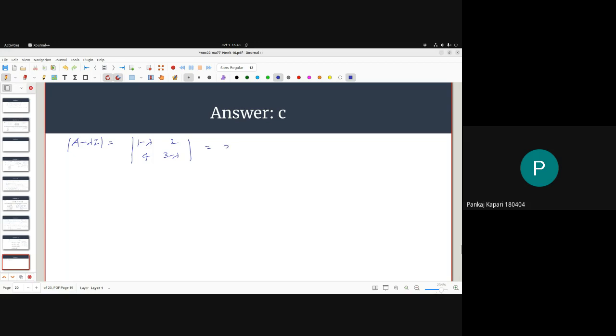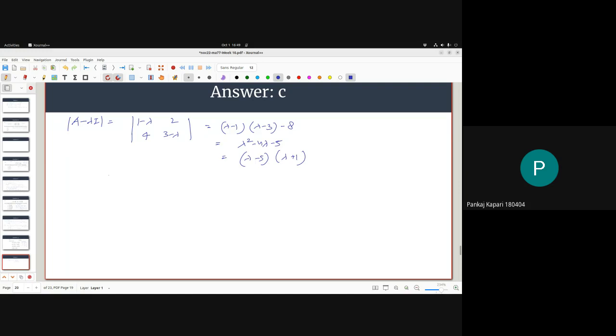This determinant is lambda minus 1 into lambda minus 3 minus 8, which is equal to lambda square minus 4 lambda minus 5, and then you can factor it: lambda minus 5 into lambda plus 1. Okay, so the eigenvalues of the matrix A are 5 and minus 1.